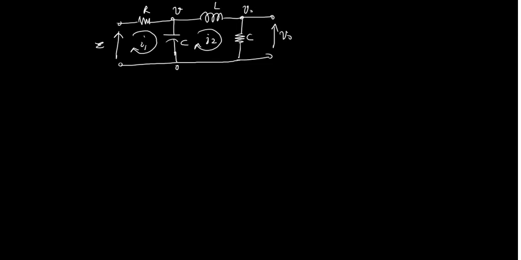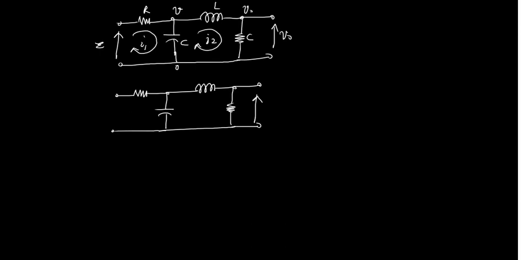Then obtain the equivalent Laplace transform circuit. You see that how fast I do. So this is R1, you can write R2, this is R2, this is R1, and this one will become SL.